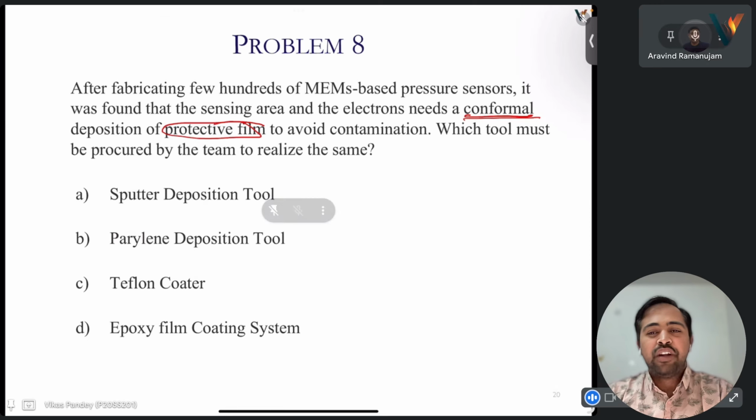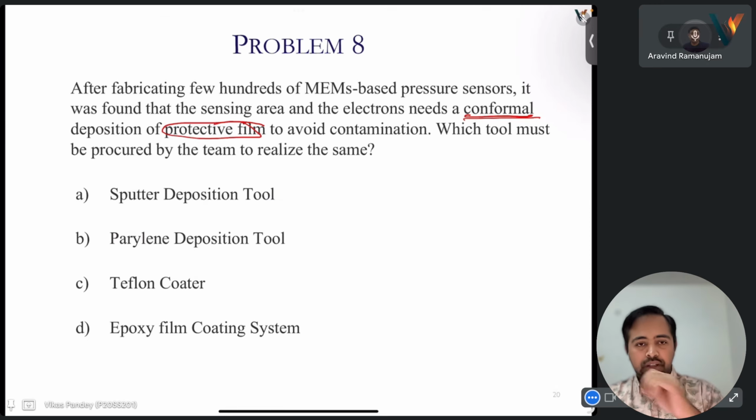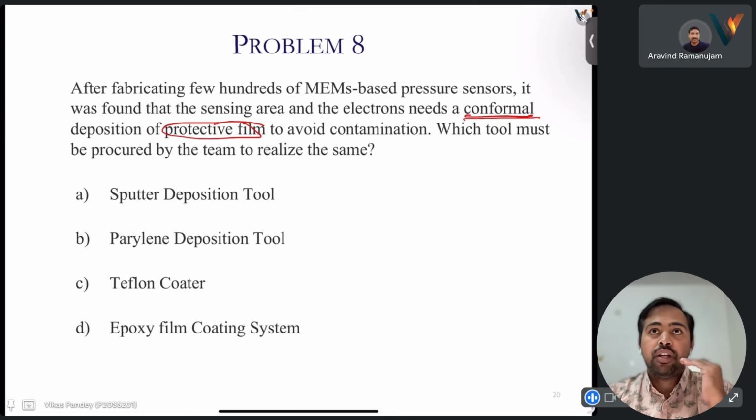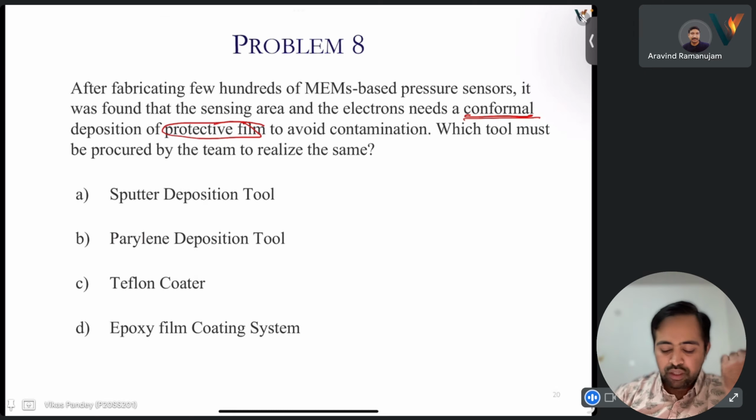It is a kind of atomic layer deposition. This parallel deposition tool is something where layer by layer, one atom thickness at a time, can be deposited. So certainly when we want a very conformal deposition, we want control of single layer deposition. So we can go for parallel deposition too.